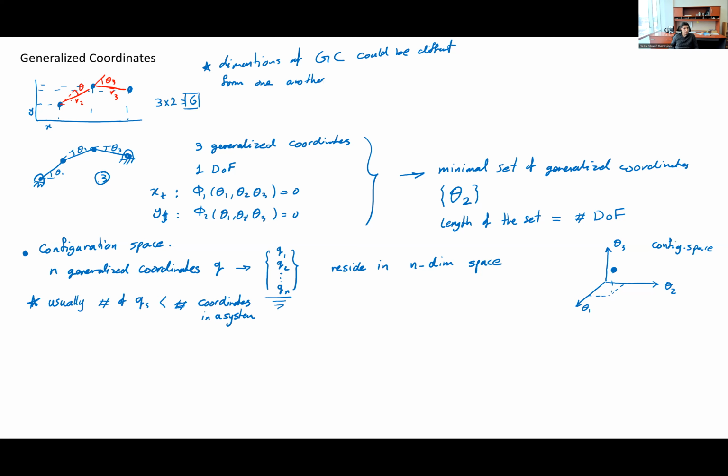basically using the angles. Well, actually, that's not exactly the same match. Let's pretend these lengths are fixed, and I'm looking at the XY positions of the tips of each of these links. Still, I need 6 XY pairs, but by looking at the generalized coordinates, I only work with 3.